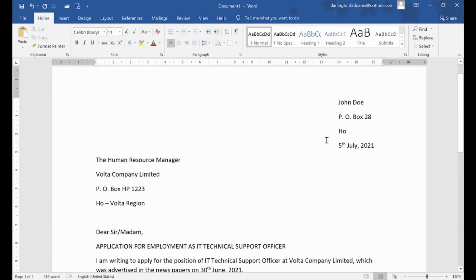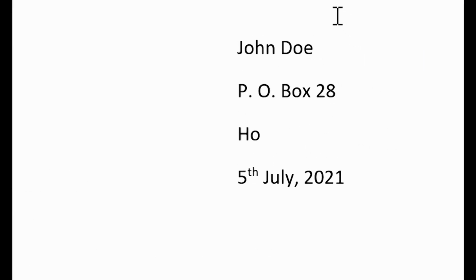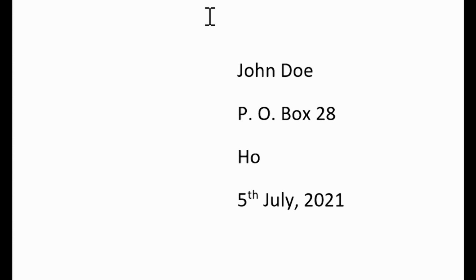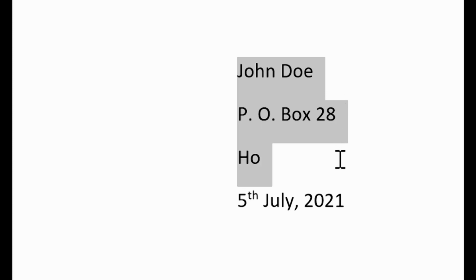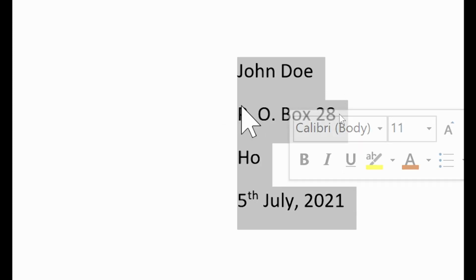We've already done some here by indenting the sender's address to the right. And remember, we use the indent. We didn't use right align. Okay. So now let me begin my formatting from the top to the bottom. The first issue with this document is that the address has too much spaces between the lines.